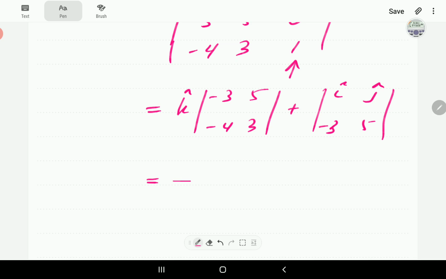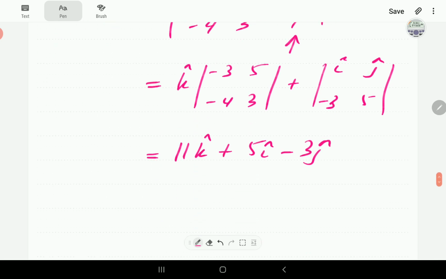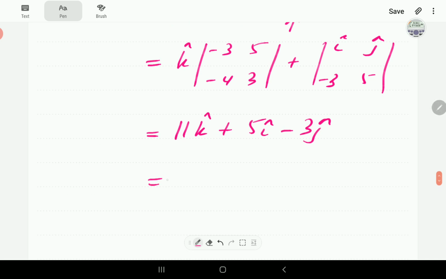So 20 minus 9 is 11. Then here we are going to have 5i minus 3j. So that's going to be A cross B. If we put these in order, it's going to be 5, minus 3, 11.